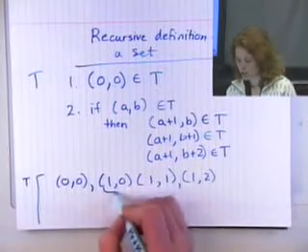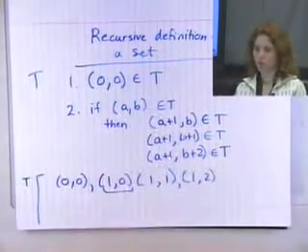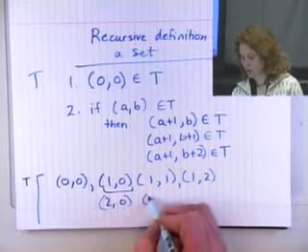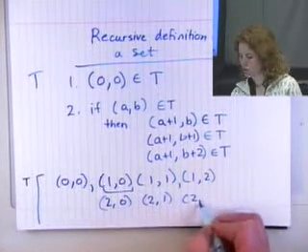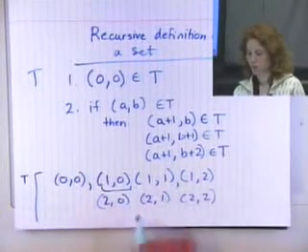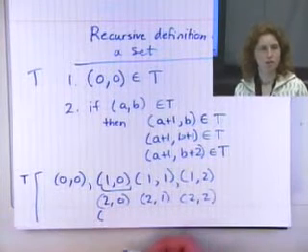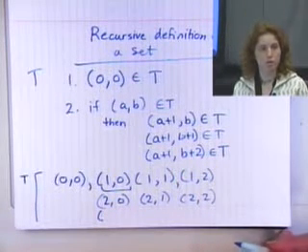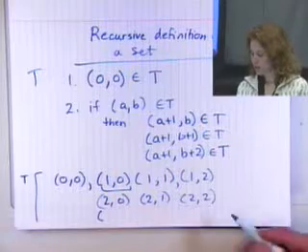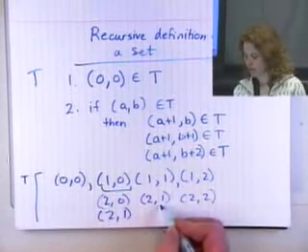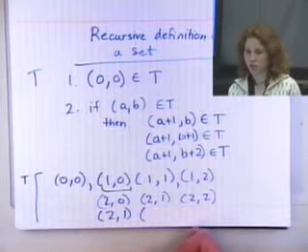And then if (1, 0) is in there, then I can use this rule to say that (2, 0) is also in there, and (2, 1) and (2, 2). And I can plug in (1, 1). So any of the points that I've got listed so far, I could plug into the rule and get some more points. So if I plug in (1, 1), that gives me (2, 1), which I already have in there, but the rule gives it to me again.